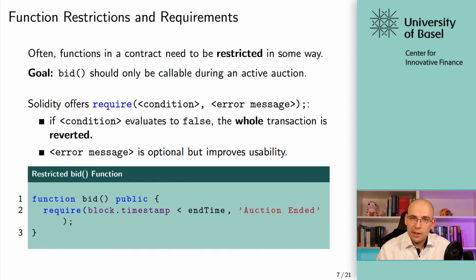It still gets included, it still gets added to the blockchain, but it will not lead to any state changes except for the update of the nonce, and of course the transaction fees that get deducted from the account that initiated the transaction. But any of the executions that have been part of the transaction itself will be reverted and will not lead to state changes, even though the transaction gets included in the blockchain.